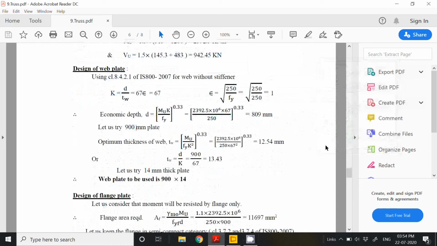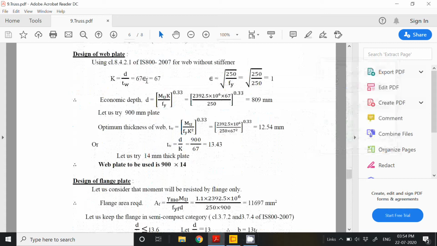Then the thickness of the web, depth we have got 900, so for thickness, this is the formula. We will get 12.54, so we provide a little more than that. We can do it using this also, or using this also. This is coming from here.